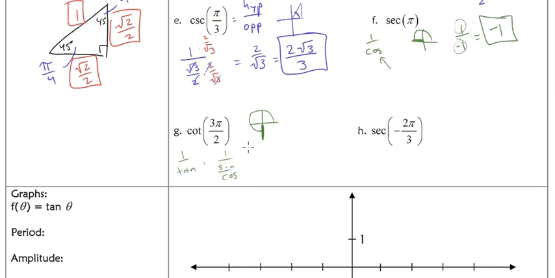So this is 1 over sine over cosine, so we're really finding the cosine divided by the sine. Here at 3/2 pi, cosine is going to be 0. It's not left or right at all. And sine is going to be -1. 0 divided by -1 is just 0.